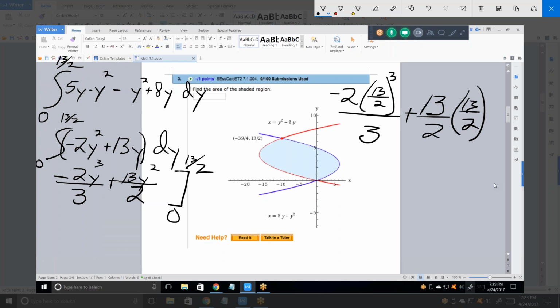It's funny, they keep giving us these same things. Notice that 13 over 2 times 13 halves squared is the same as 13 halves cubed.